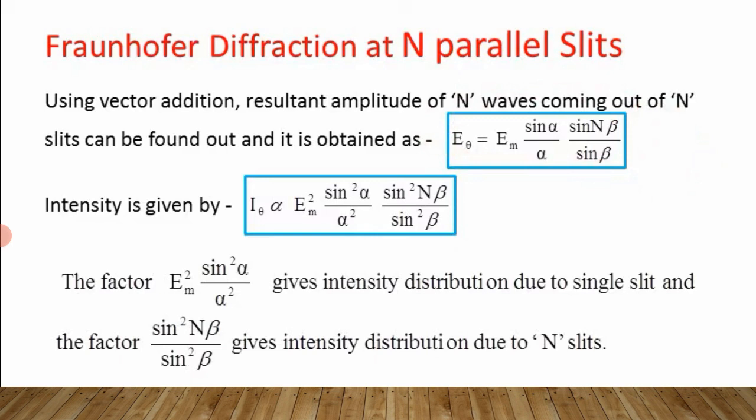Intensity I theta is directly proportional to Em squared sin square alpha upon alpha square times sin square n beta upon sin square beta. The factor Em squared sin square alpha upon alpha square gives the intensity distribution due to a single slit, and the factor sin square n beta upon sin square beta gives the intensity distribution due to n slits.